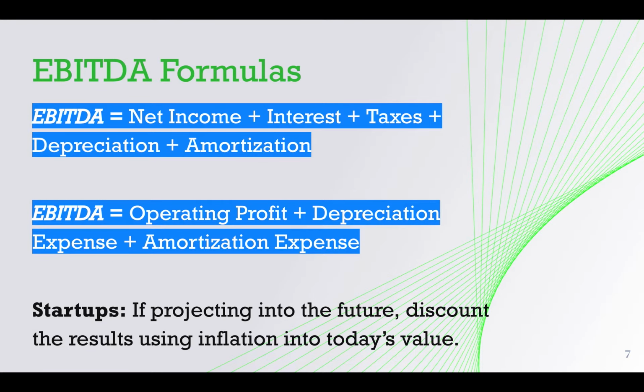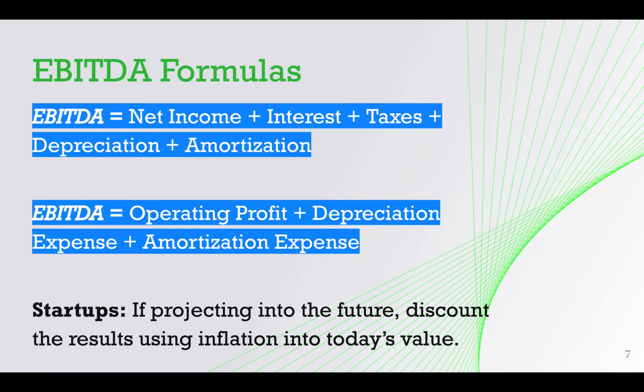And if you're looking at their financial statement, you can seek out these figures. Look for the net income, then add what they paid in interest expense, add the taxes that they paid, add their depreciation expense, and add their amortization expense.